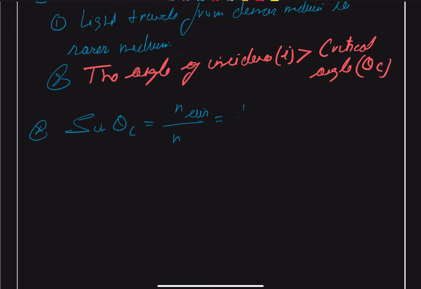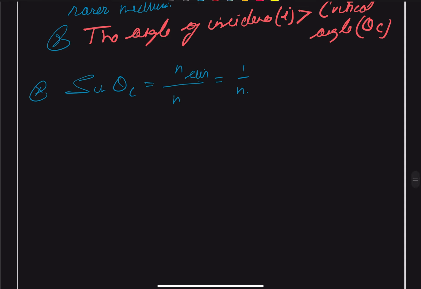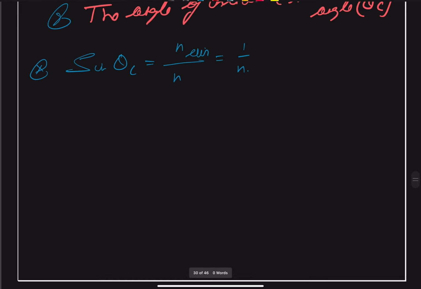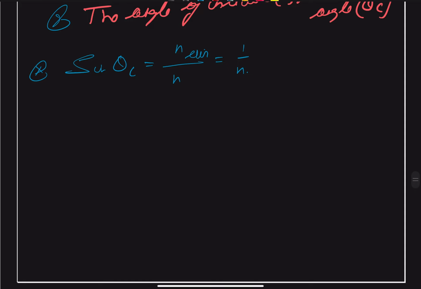So this will be 1 upon n. And we are given that the angle of incidence is 45 degrees. So we are given that the angle of incidence i is 45.